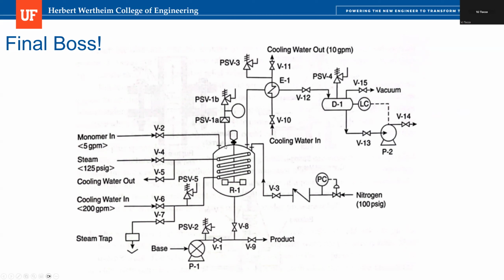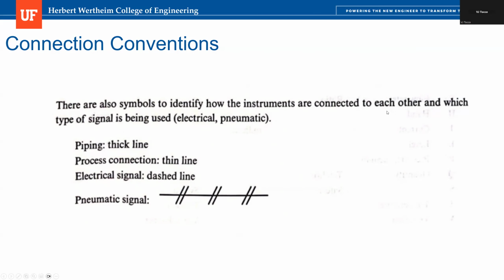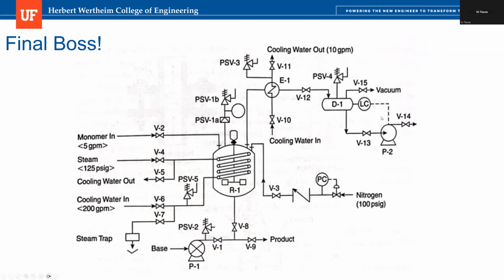Trying to see if we have an example of, we've got a dashed line here, which signifies an electrical signal. I thought we had an example of the pneumatic, but that was maybe a different example. So again, the type of line indicates the connection. Notice again how many valves we have: check valve, manual valve, and so on and so forth.